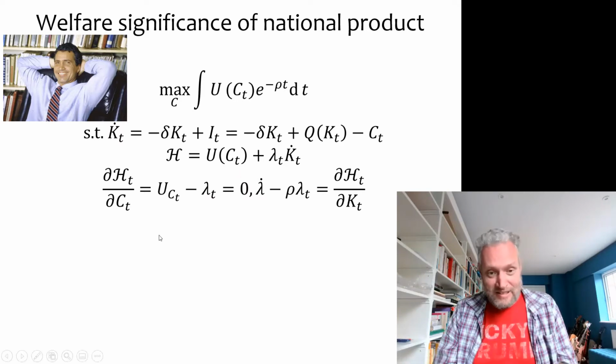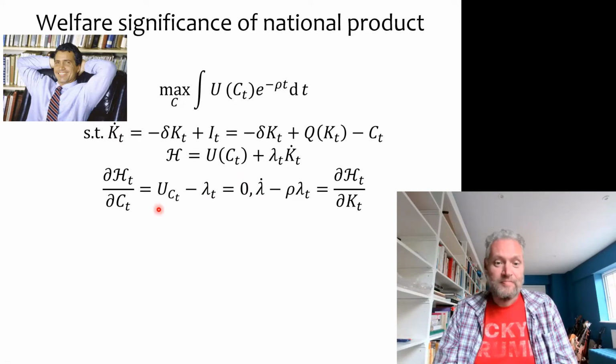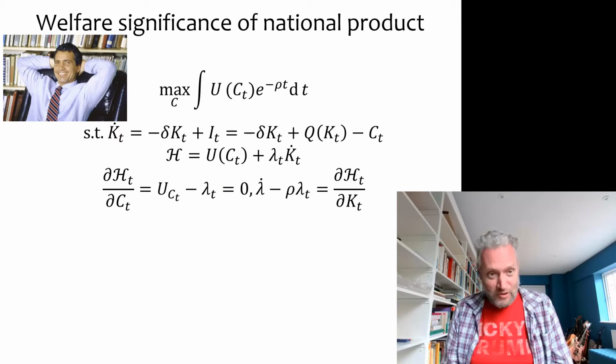So essentially this equation says that the marginal utility of consumption should equal the co-state variable, should equal the shadow price of capital.